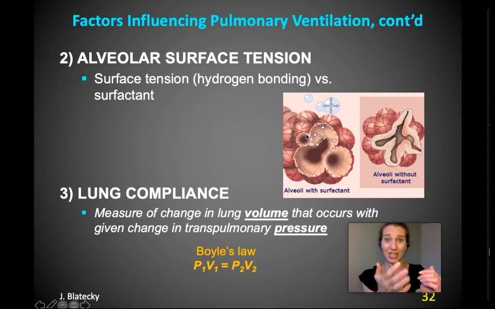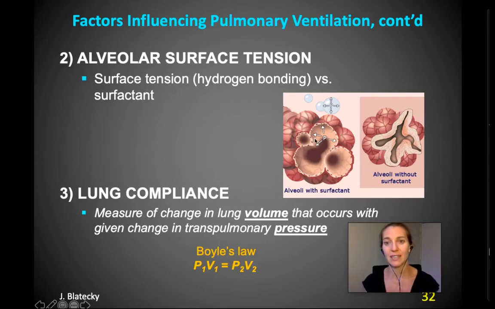The negative oxygen on one water molecule is drawn to the positive hydrogen on another water molecule. And so that surface tension would cause alveoli to collapse if it weren't for surfactant.